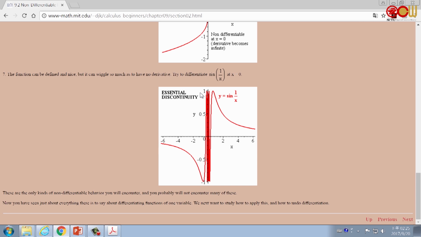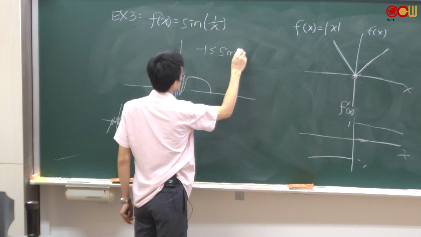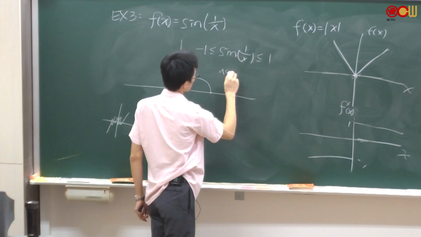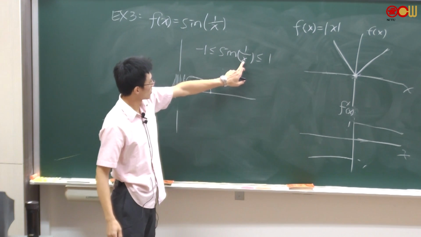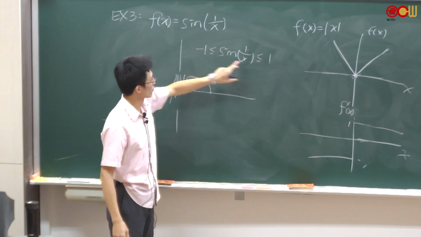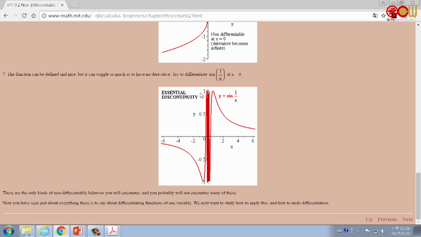So it's not certain what the value of sine 1 over x is at 0. As x goes to 0, the frequency changes very, very rapidly, but the value is bounded by -1 and 1. So you never know what the value is at x equal to 0.